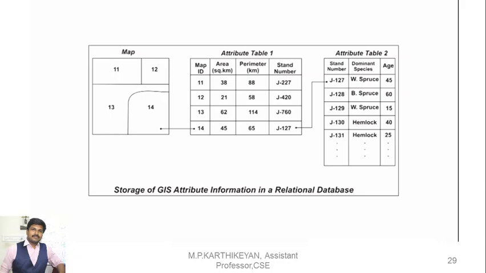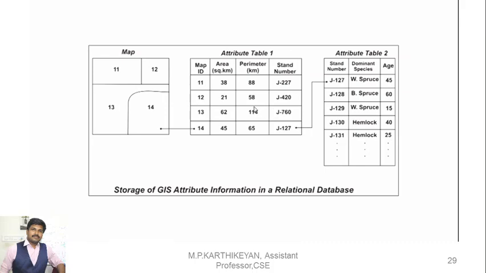The primary key should never be null. But a foreign key can be null, and a foreign key should be a primary key in another table. For example, your map ID is very unique, so no two areas will have the same map ID. So this is the primary key for attribute table 1.